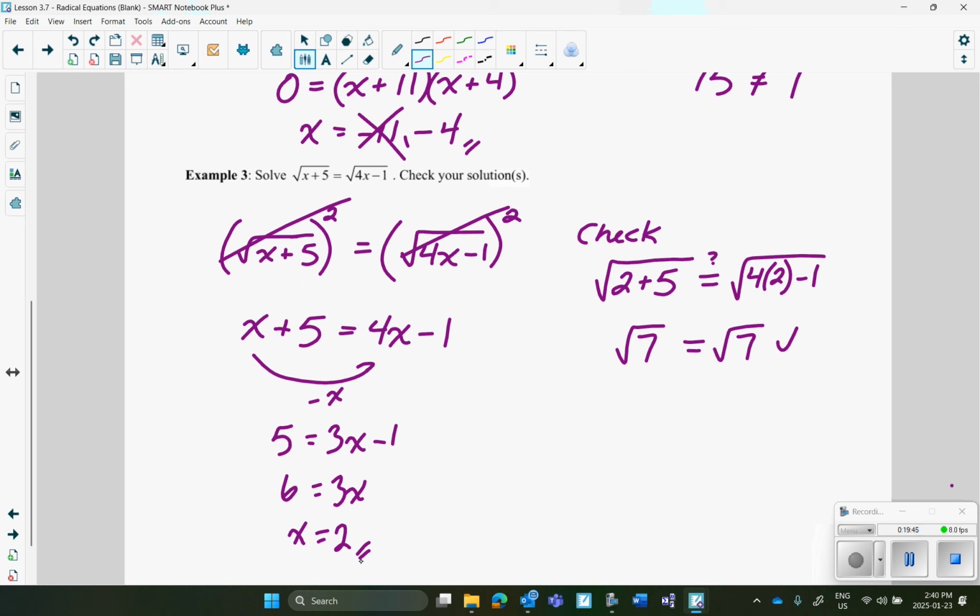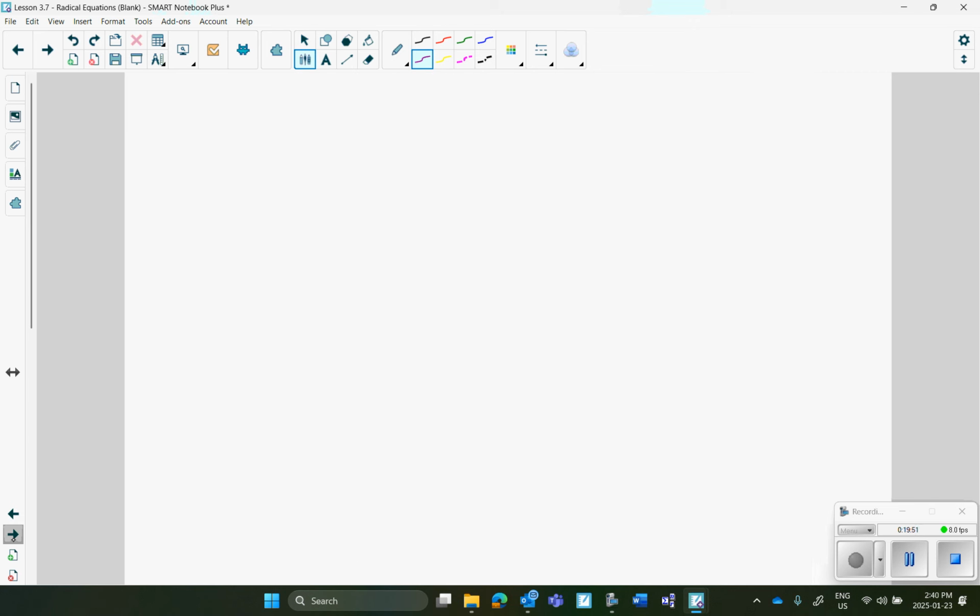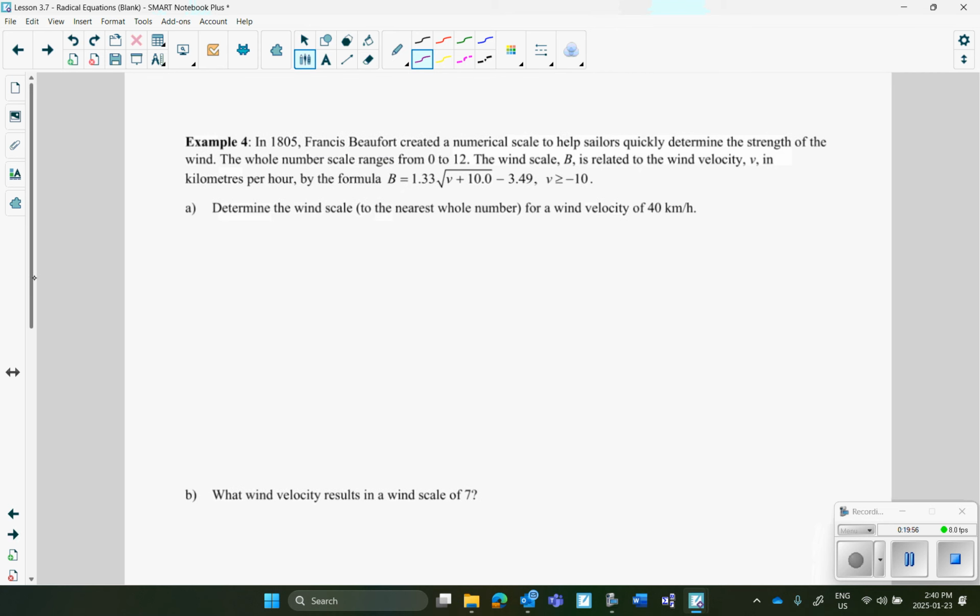Okay, the last example is one area where we can use these things. Are all of you going to go on to be, well, not necessarily mathematicians, but a sailor who needs to determine the strength of the wind, whether they can put to sea that day?